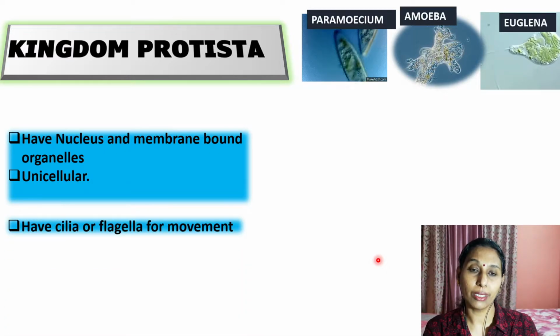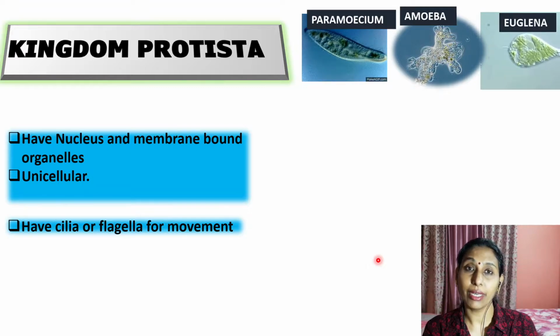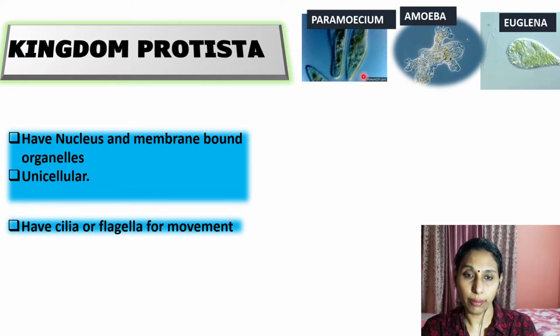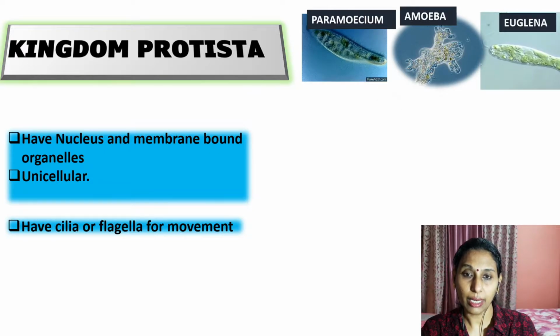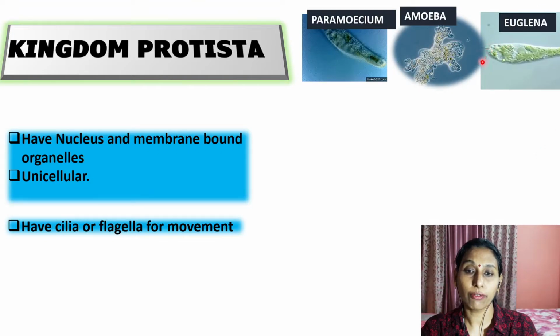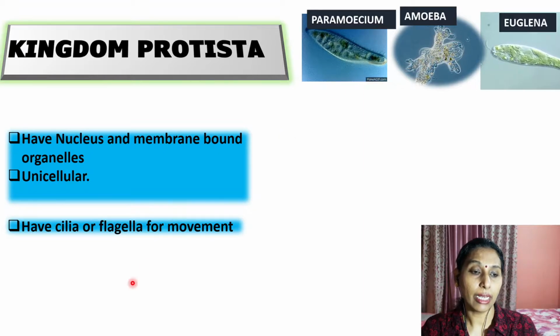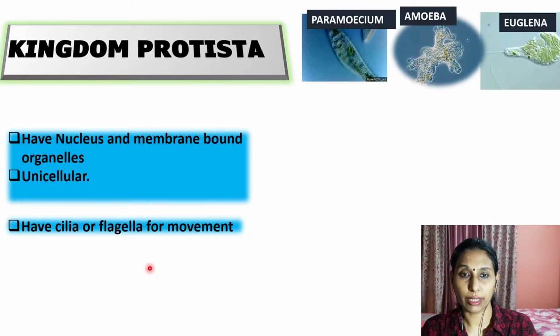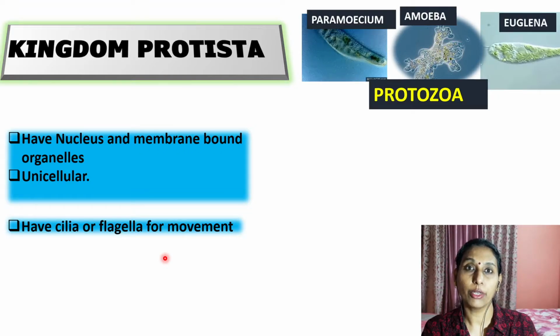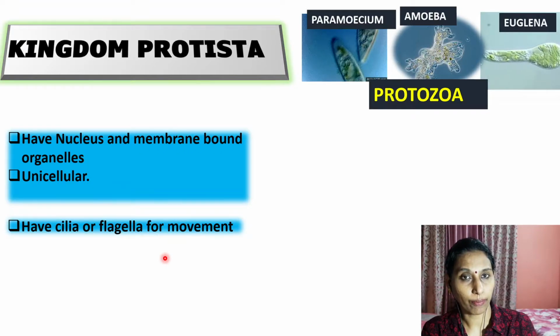And if you observe this paramecium, it has cilia around its body to swim in water. And in case of euglena, they have a long whip-like structure which is called flagella. So that is why we say that they have cilia or flagella for movement. Clear? So amoeba, paramecium and euglena all come under protozoa.